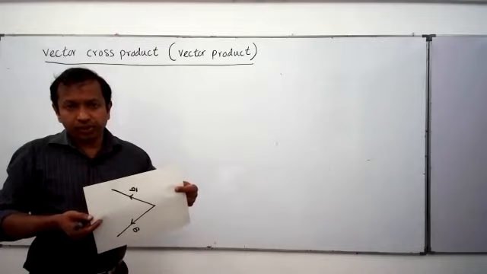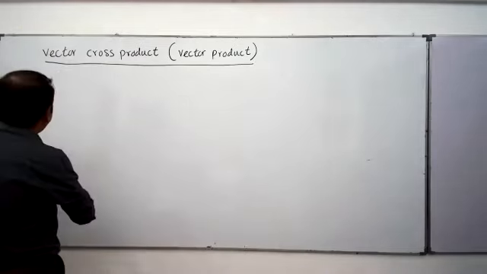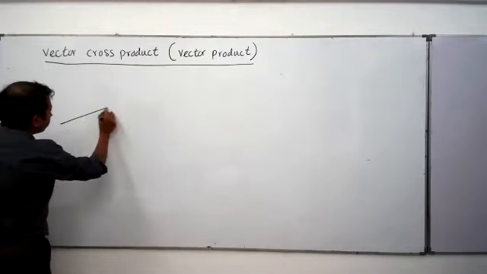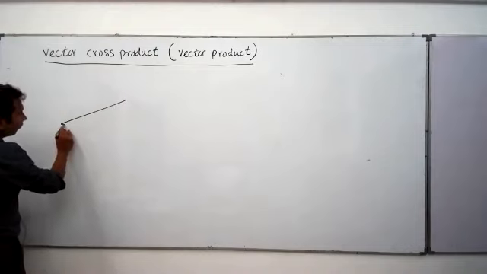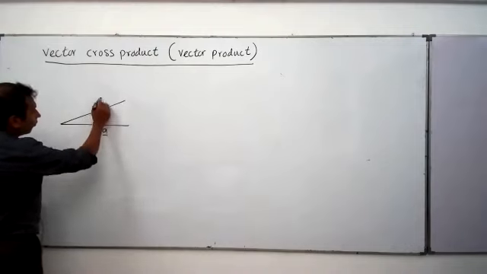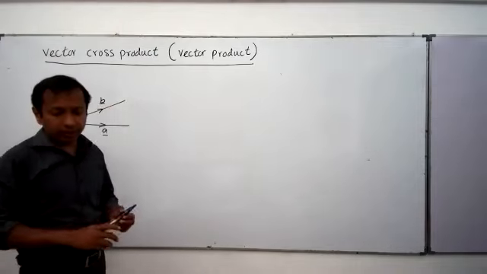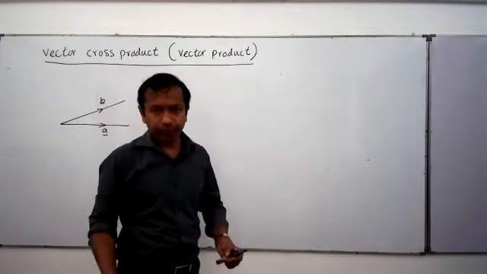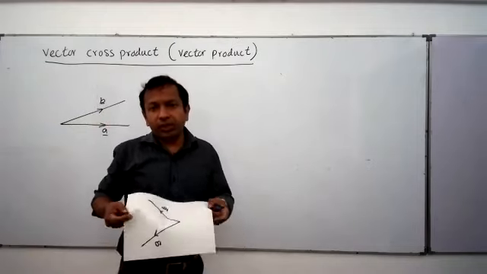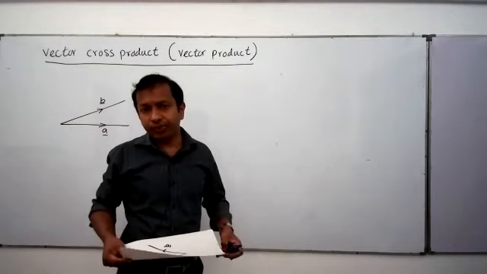Now I am going to draw the two vectors on this plane like this. These are the two vectors A and B. These two vectors lie on this horizontal plane. Two vectors means two line segments.